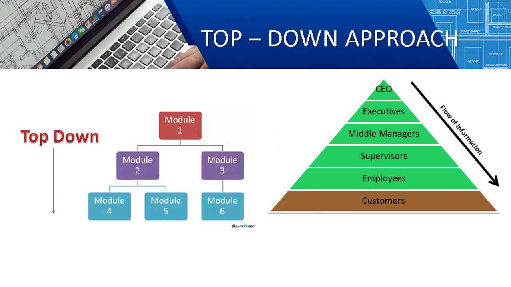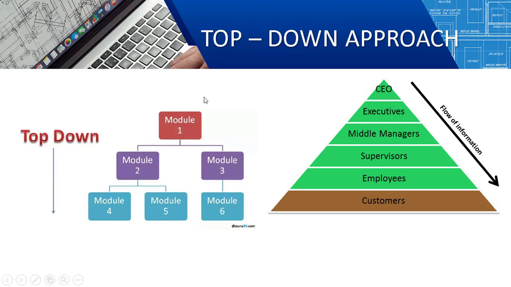You can see here a diagram of the top-down approach, where a module is given, the main program, that is divided into sub-problems. Again the sub-problems are further divided into sub-problems: module 1 is divided into module 2 and module 3, module 2 is divided into module 4 and module 5, and module 3 is divided into module 6.